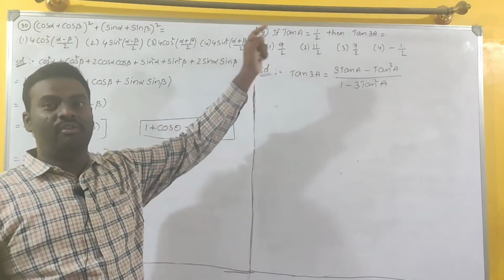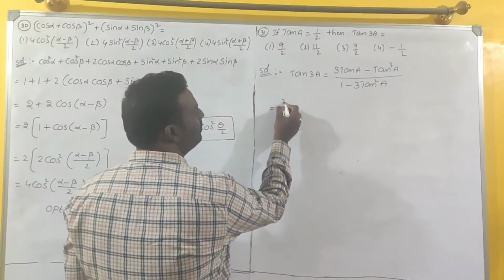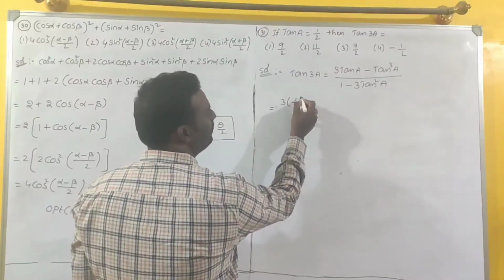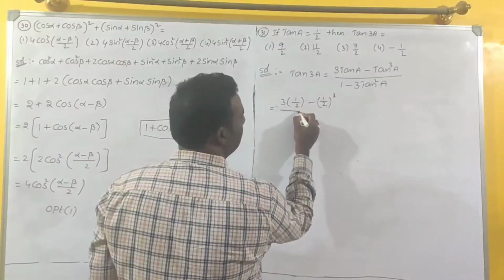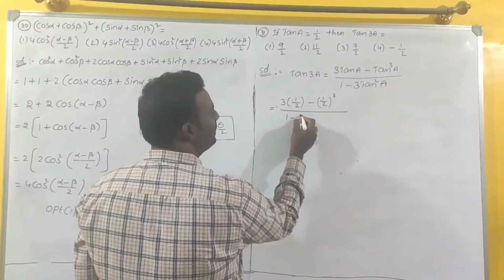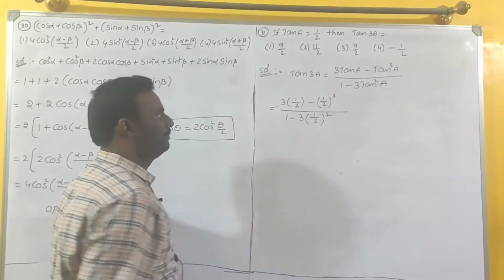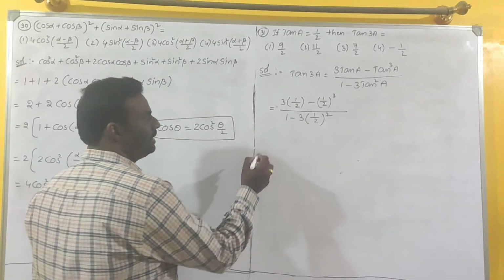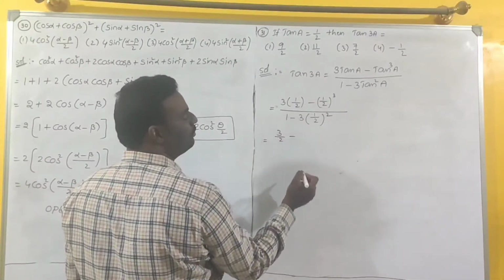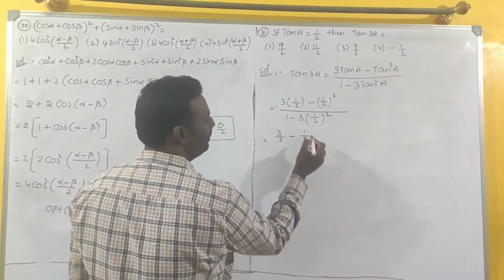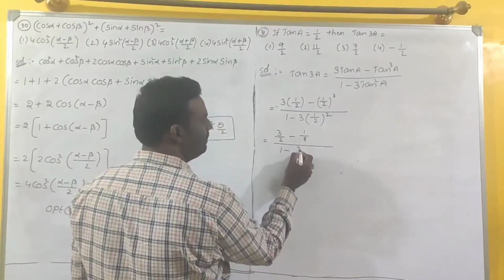Tan a value we already know, 1 by 2, substitute. That equals 3 into 1 by 2 minus 1 by 2 whole cube, by 1 minus 3 into 1 by 2 whole square. If you simplify, 3 into 1 by 2 is 3 by 2, minus 1 by 2 whole cube, that is 1 by 8, by 1 minus 3 by 4.